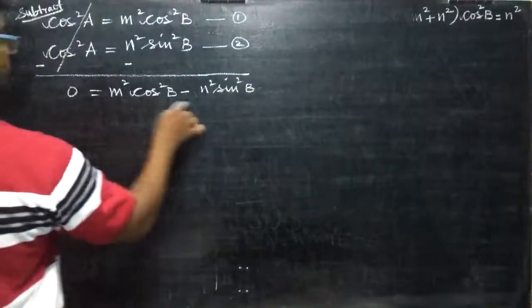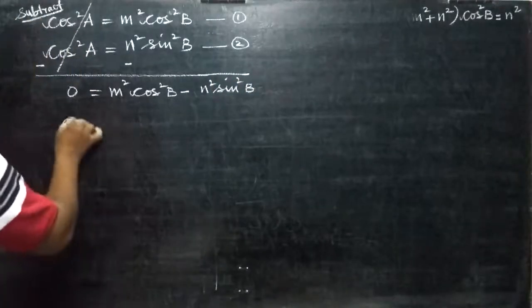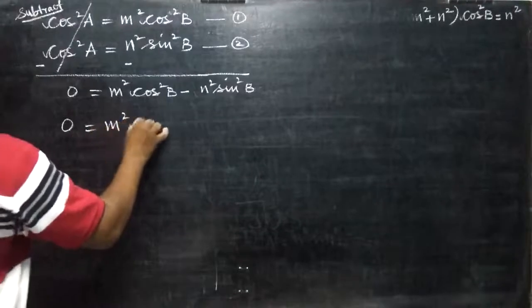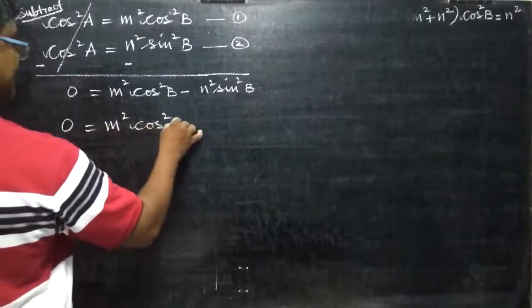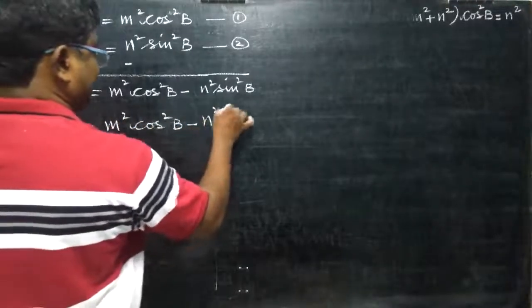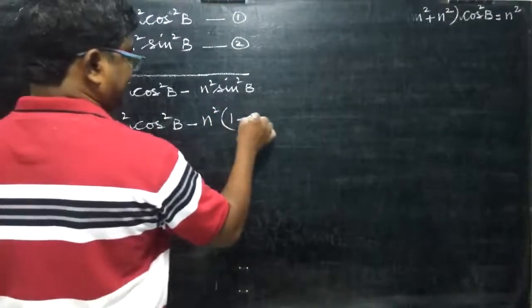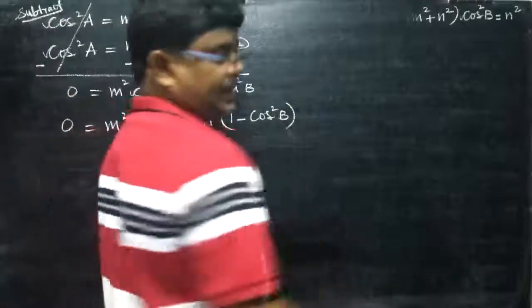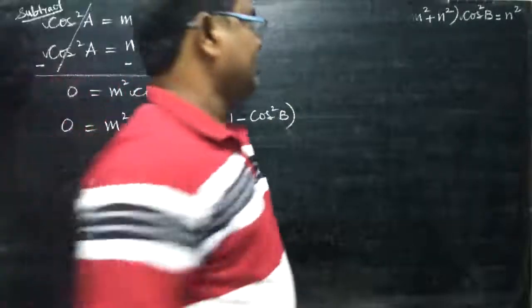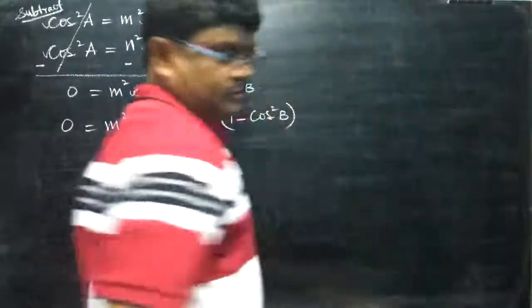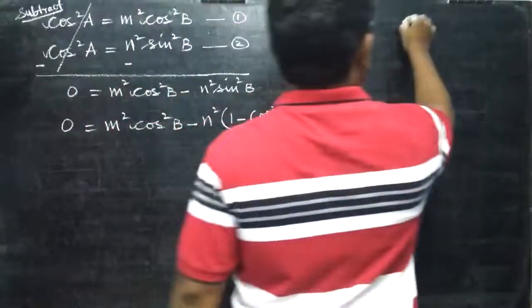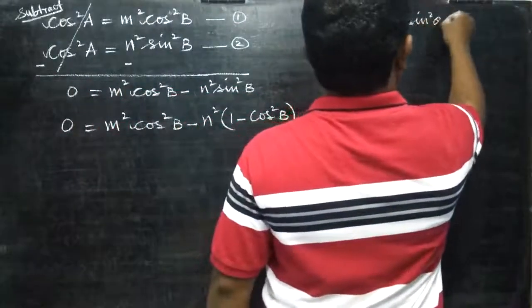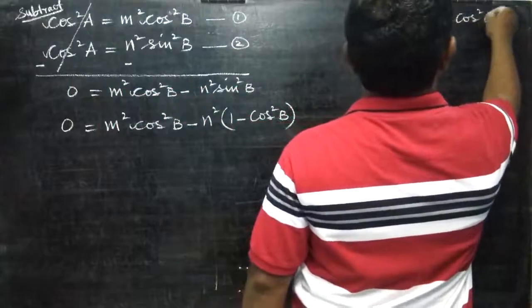If you put a bracket or not, no problem. Now 0 is equal to m square cos square B minus n square into sin square B. I am writing sin square B as 1 minus cos square B. Why? From the identity. We know the identity: sin square theta plus cos square theta is equal to 1.